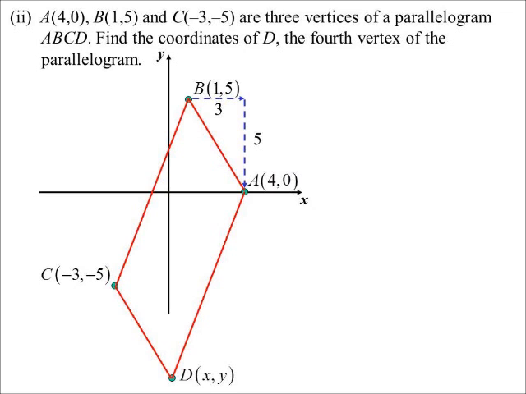So rise over run must be the same. So to go from B to A, I went across 3, down 5. Therefore, to go from C to D, I must go across 3 and down 5. So the coordinates would end up being 0, -10. Now, that's a heck of a lot quicker than working out the equations of the lines and solving them simultaneously.